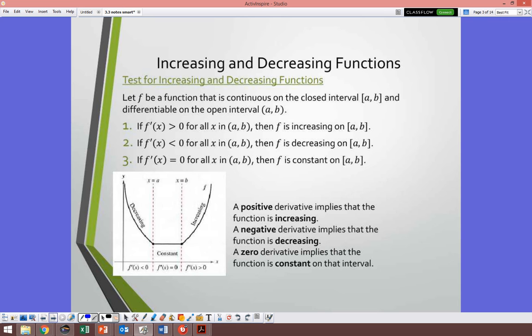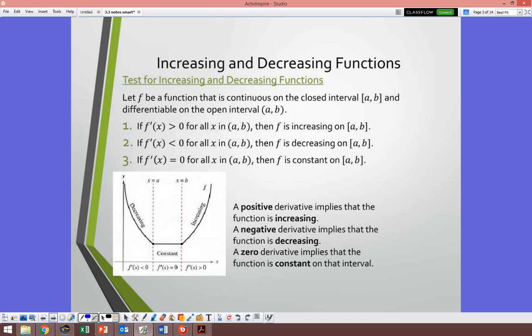Okay, so if f prime of x is greater than 0, that means I'm taking the derivative, right? So the derivative is positive. It's going to be increasing over that interval. Now, if the derivative is less than 0, which means negative, it's going to be decreasing.